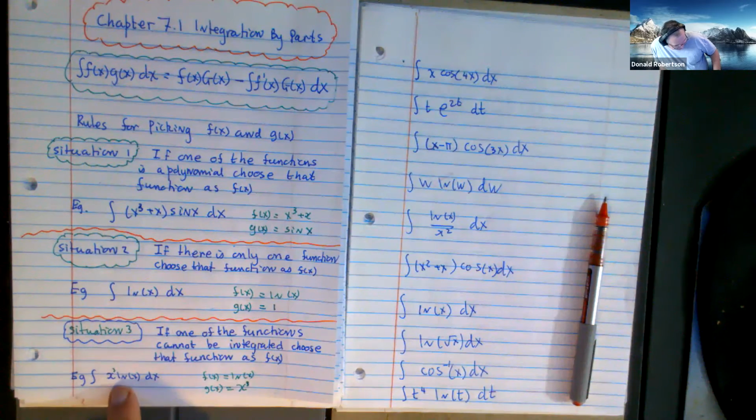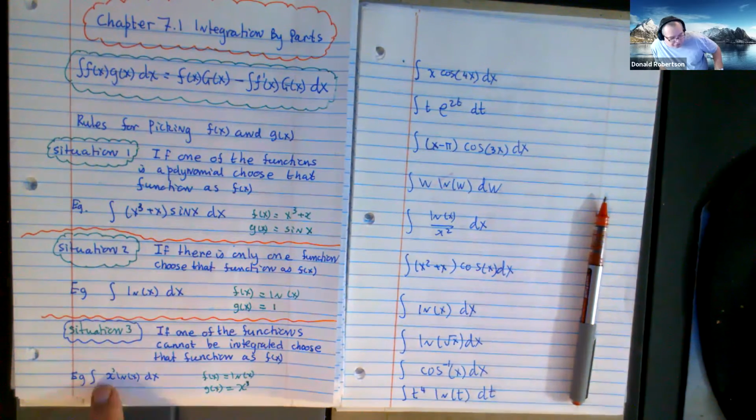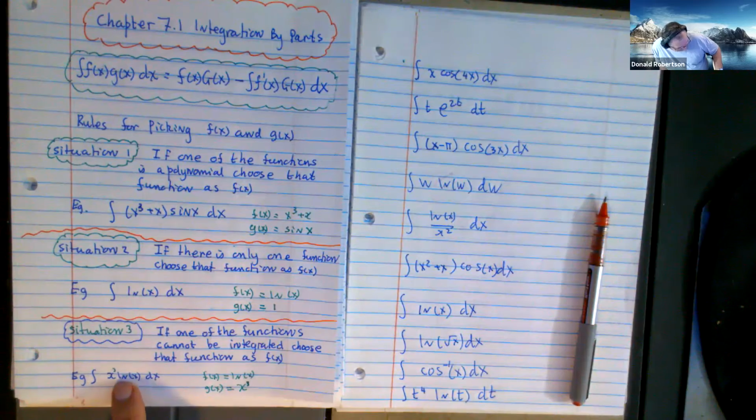If you ever have a function, and here we've got two, obviously, but if you've got one function that you cannot integrate, then you choose that one for f of x. So in this question here, it says x cubed log x. So typically, if you're using rule 1, you'd pick the polynomial. But this gets overtaken by this rule. We cannot integrate log x.